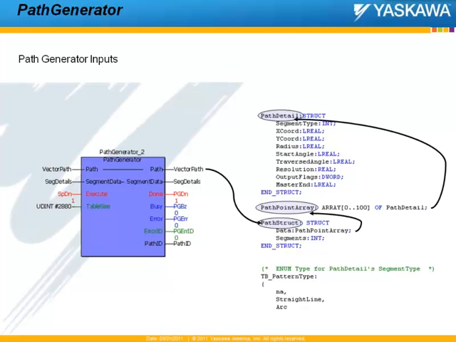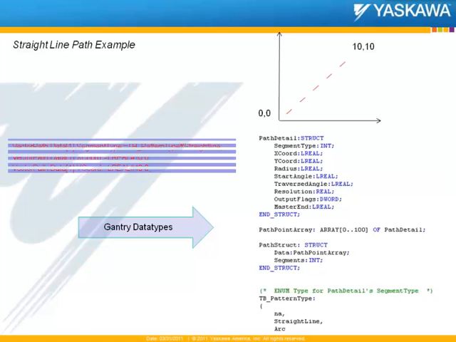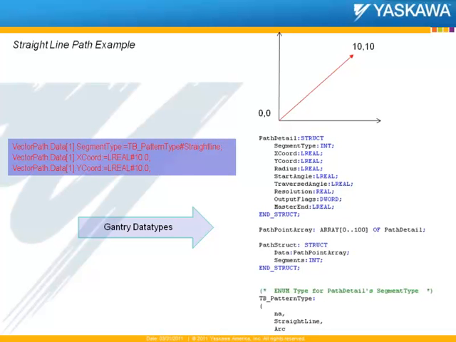Here's an example of how to create a straight line path. The structured text that you see here is basically from the Gantry data types file. To create a straight line that goes from 0, 0 to 10, 10, you basically have to define your data. The variable that I use here is called vector path. The first element of my vector path is my segment type, and it is a straight line.